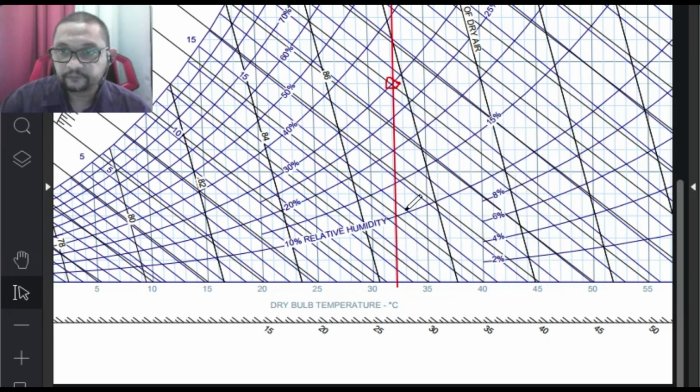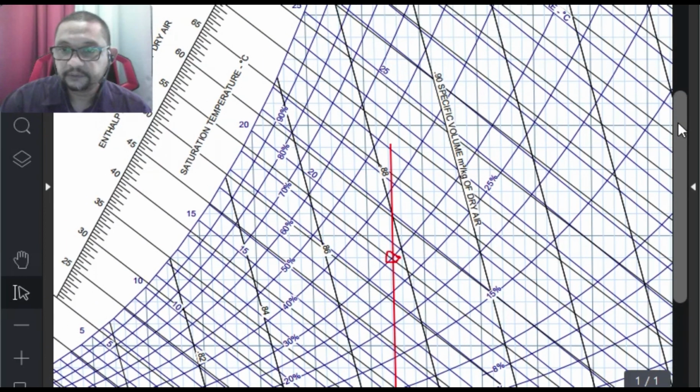Okay, from there you can find the value of the specific enthalpy.